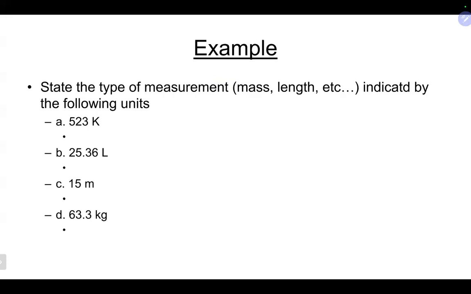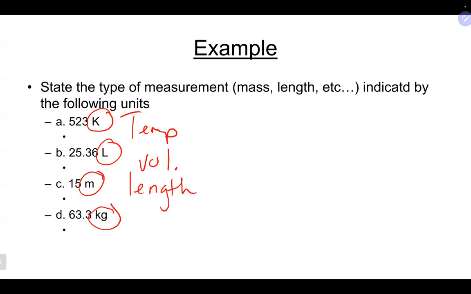All right. So what type of measurement is each of these? 523 Kelvin would be a temperature, yes. Kelvin is a unit of temperature. 25.36 liters would be, what would it be? It would be a volume, yeah. 15 meters would be a length.